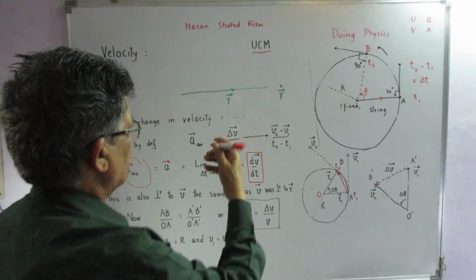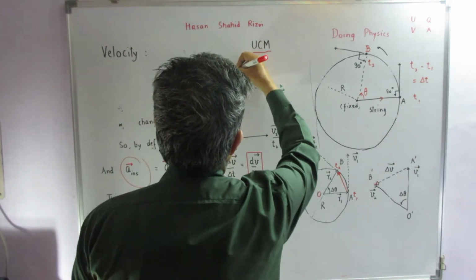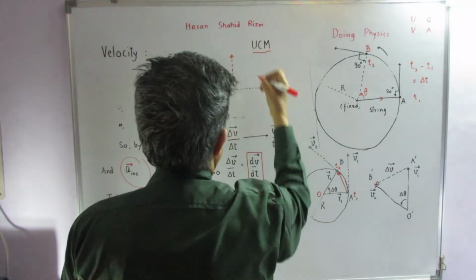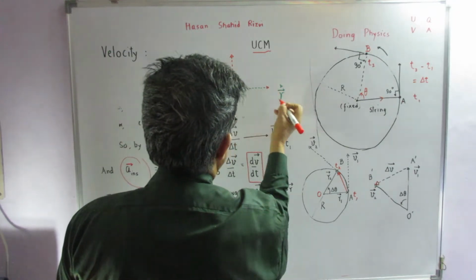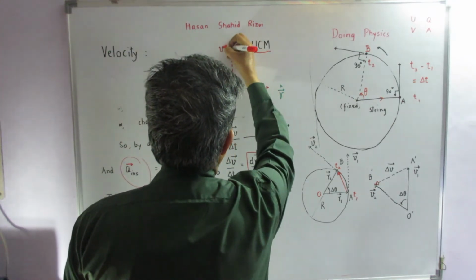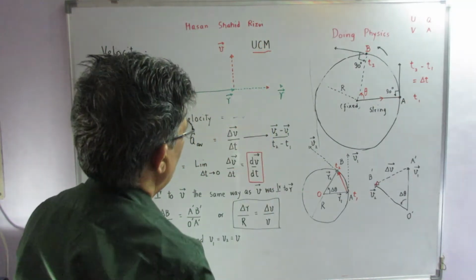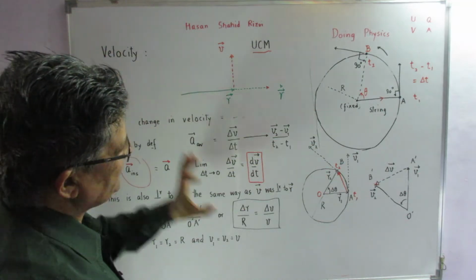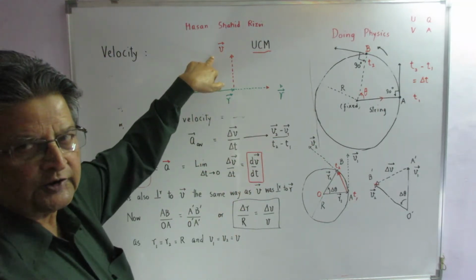Now the vector that we have for the velocity vector goes 90 degrees ahead of this vector. So there is a vector r and there is a vector v. This acceleration vector is ahead of the velocity vector by another 90 degrees.